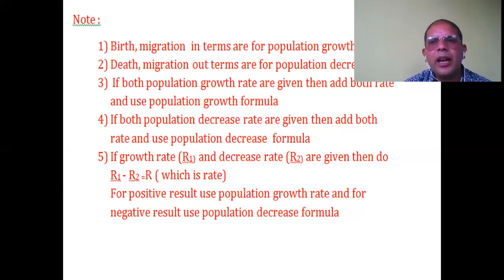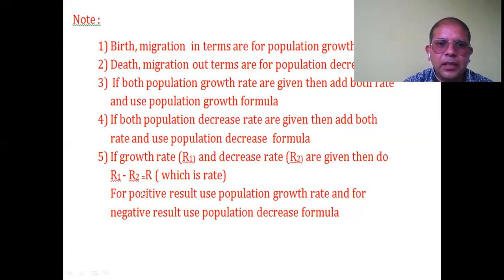If R1 and R2 are given, and R1 is population growth and R2 is also population growth, then use the population growth formula by adding them. If both population decrease rates are given, then add both rates and use the population decrease formula. If both are decreasing, you should add; that is your population decrease formula.